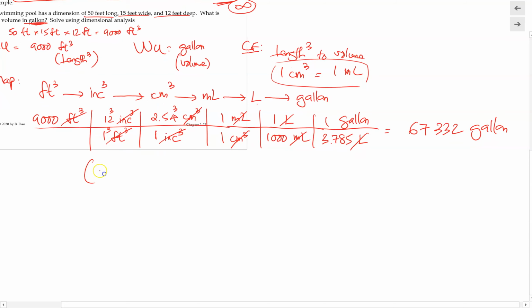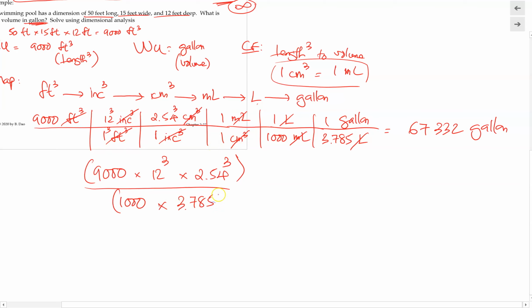On your calculator, first open up a parenthesis and put 9,000, then multiply by 12 to the third power, multiply by 2.54, and this value is raised to the third power. We don't need to multiply by the 1, right? And on the denominator, make sure you open up a parenthesis and have 1,000, because again we don't need to divide anything by 1, and then multiply by 3.785. That's how you would plug this into your calculator to obtain that value.